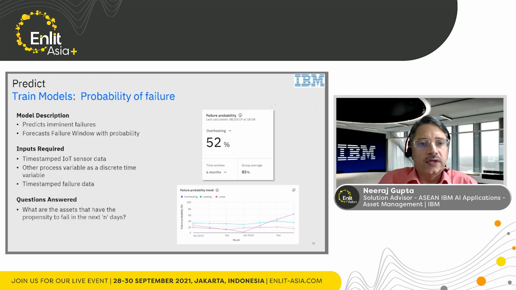And we require, of course, some data in order to predict this, and what we need is the time-stamped IoT sensor data, meaning the real-time data or the history of that data, and then the model analyzes the data and comes out with the prediction. So what this model typically helps us with is which assets have the probability to fail in the next so many days. We can configure it based on the planning or preparation time required to fix any issue. So we can look ahead, say 3 months or 6 months down the line, and predict those failures based on that.